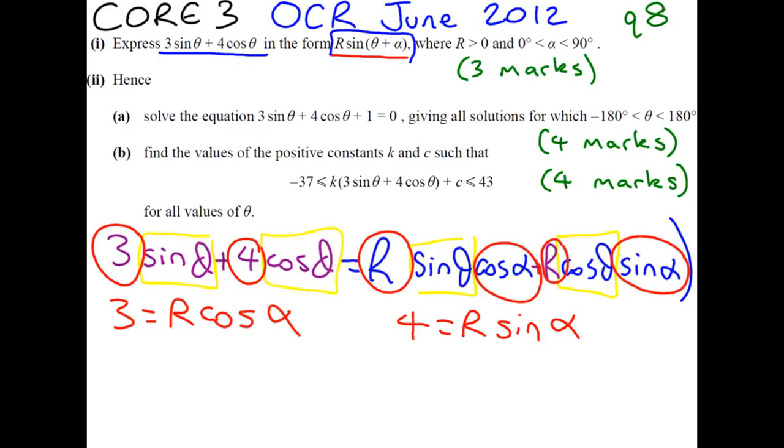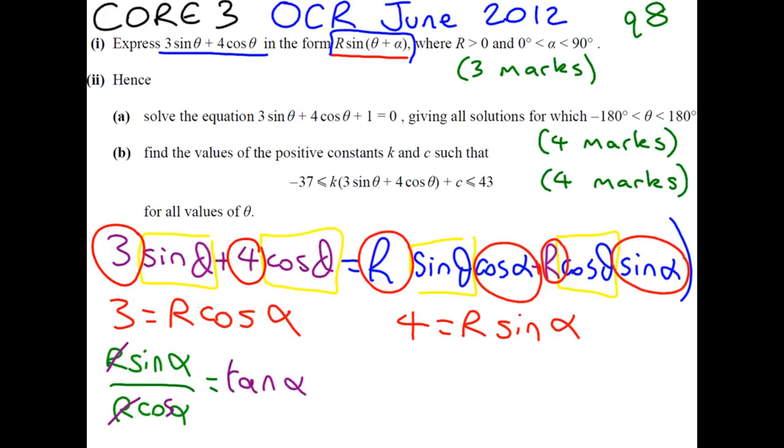Now there are 2 simultaneous equations that must be solved at the same time, and we've got little tricks to do this. The first trick is to think about r sine alpha divided by r cos alpha. Now we know that the r's are going to cancel, and we know that sine over cos is tan. So we get tan alpha.